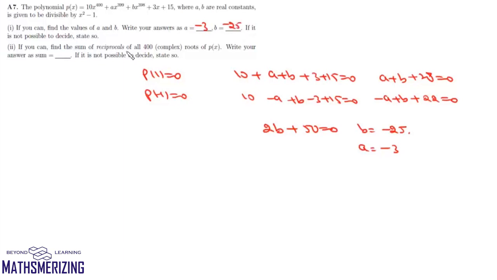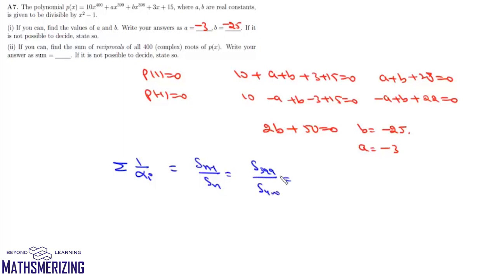Now the second part is, can you find the sum of reciprocals of all 400 complex roots of p(x). So in this case, we need to find this summation, which is the sum of 1 upon alpha i. Now we know that the sum of 1 upon alpha i is nothing but S(n-1) upon S(n). Now what is S(n-1)? S(n-1) in this case is S399 and S(n) is S400.